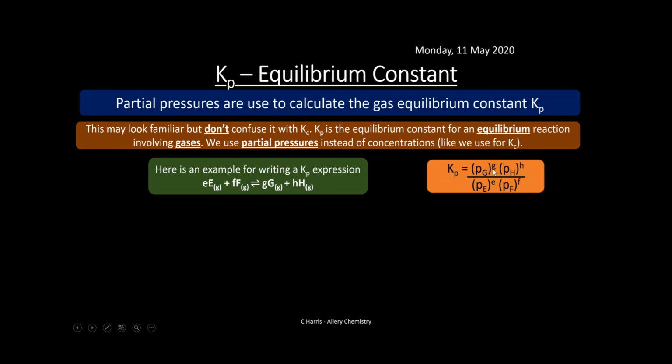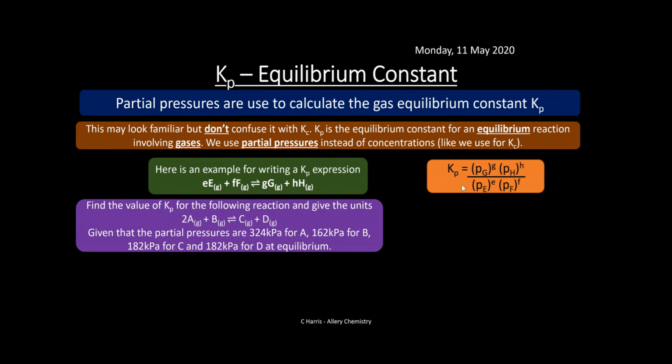That is dependent on what number is in front of G in the equation. So it's exactly the same as Kc in terms of how we work it out. And we've always got to put our products at the top, reactants at the bottom, no difference.